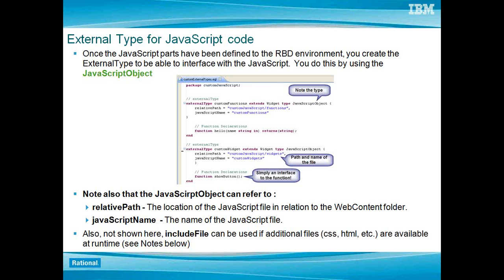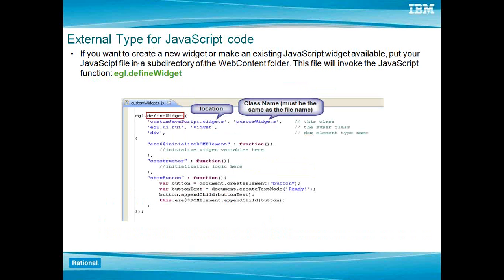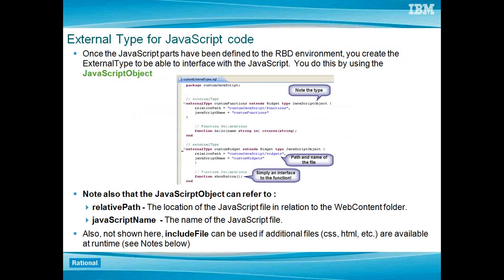And then we have a function show button. This is a function that is already declared in our custom widget JavaScript file. If you see here, we have declared a function custom show button. This is our custom function. Now in the mapping, we have mapped this file.